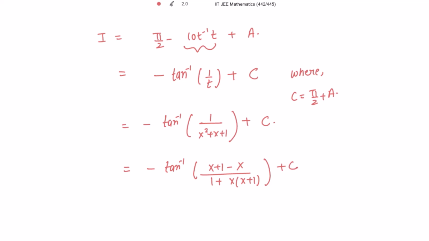So we can get the formula that it is negative of tan inverse a minus tan inverse b, where a is x plus 1 and b is x, the formula, right? Plus c. Taking this negative sign inside, we get the integration to be equal to tan inverse x minus tan inverse x plus 1 plus constant, right?